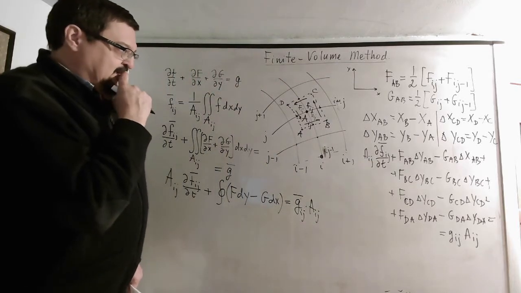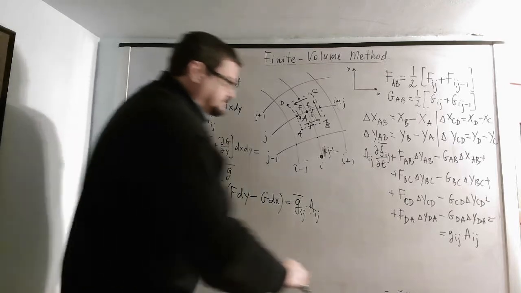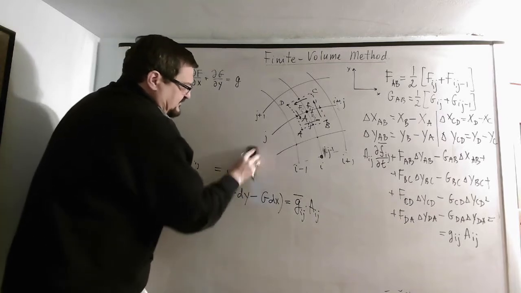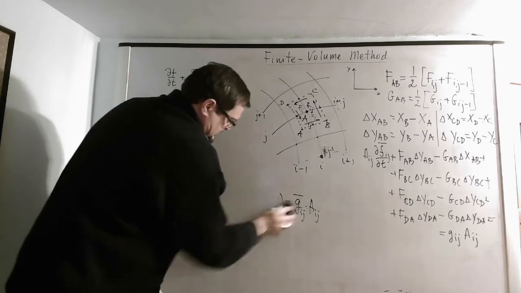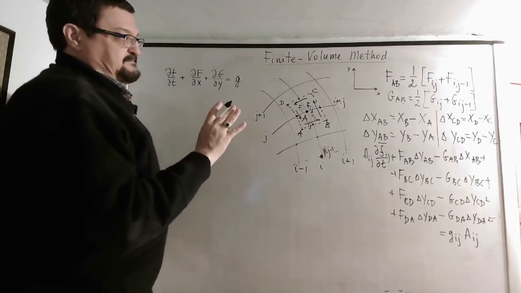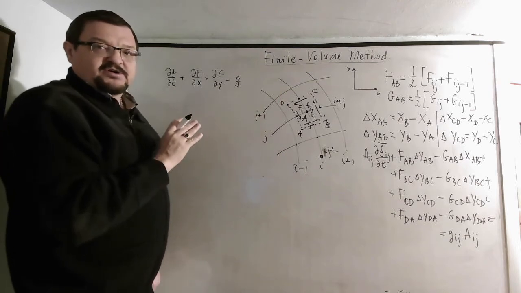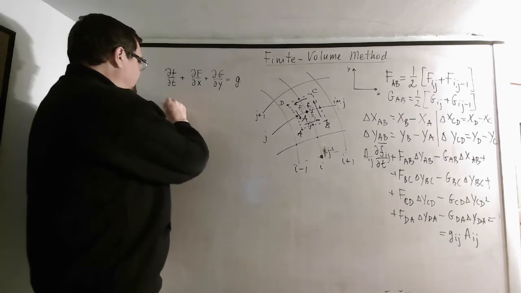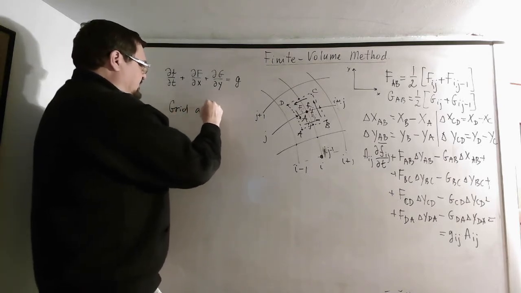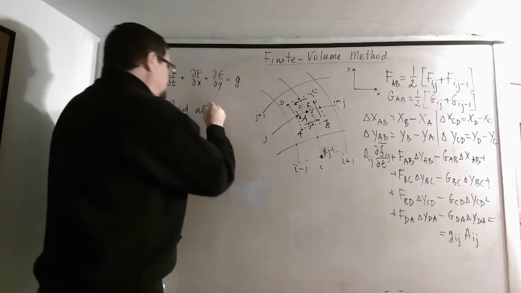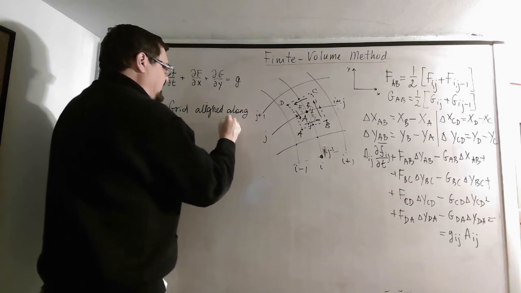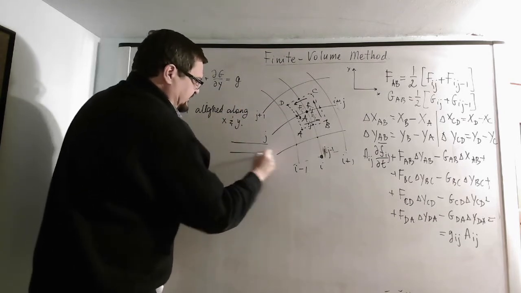So just to see if it's actually consistent, let's check which expression is equivalent if we have a regular grid that is actually aligned along our coordinate system. So let's say the grid is aligned along x and y. So we have a grid like this.